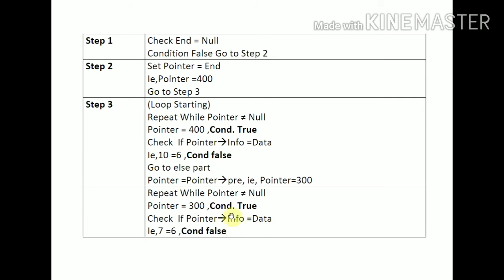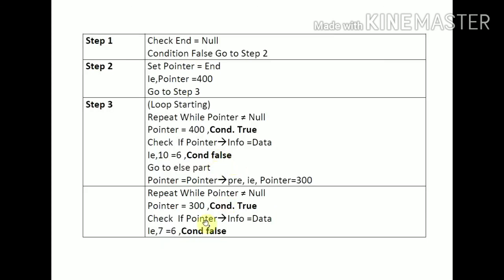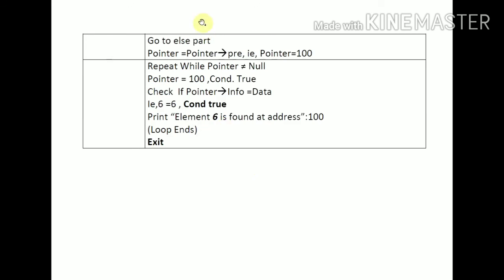What is the info of the node at 300? It is 7. Is 7 equal to 6? Again the condition is false, so we again increment the pointer variable. Pointer pre here is equal to 100, so our new pointer value will be 100.